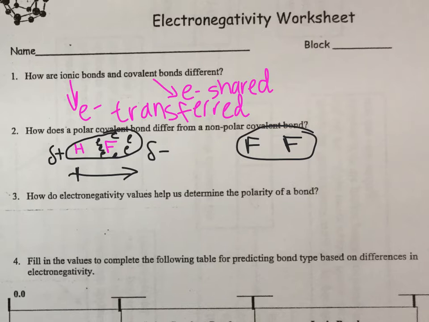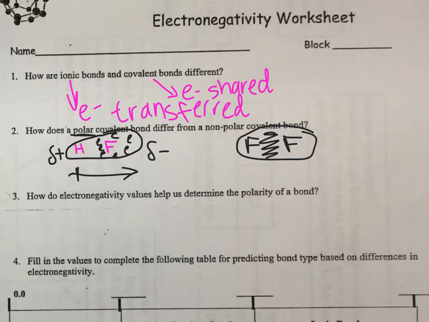I know mine looks lopsided, but it's evenly distributed. There's not a bigger end and a smaller end, meaning these electrons are pretty equally shared. So this one doesn't have a partially negative or partially positive side. Nothing's leaning.